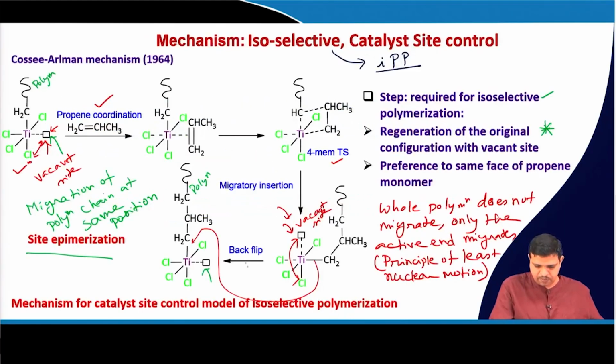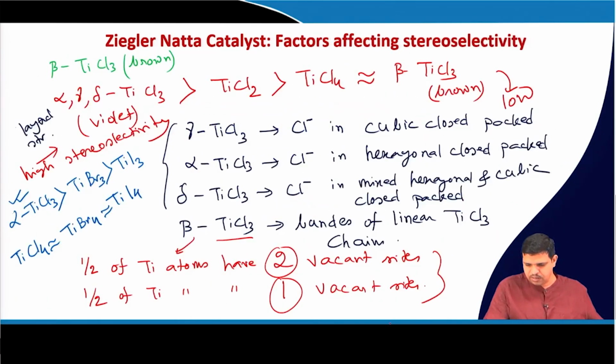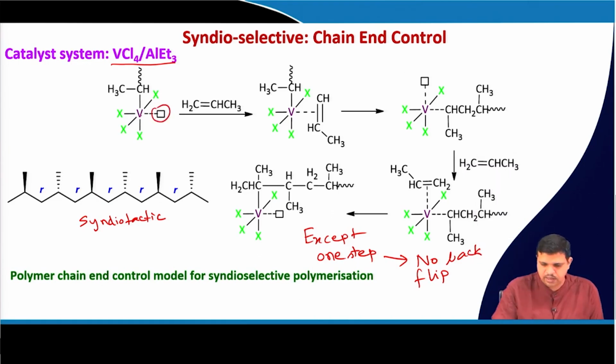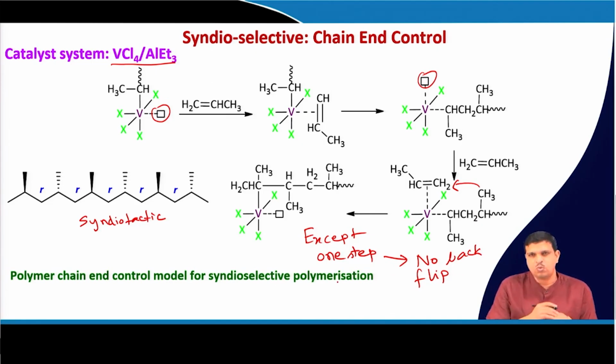Okay, that is the back flip, and here the flipping is such that no back flipping occurs, and as a result what you are getting is the vacant site. Now the vacant site is here, so alkene is coordinating here. Now that's why this vacant site is not getting back to the original position, and that's why we are getting the syndiotactic polymerization.